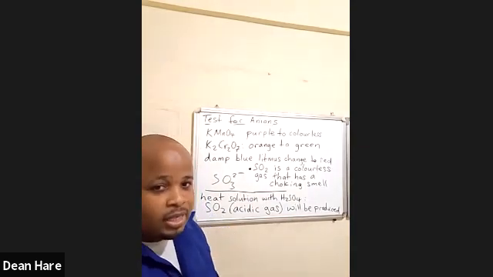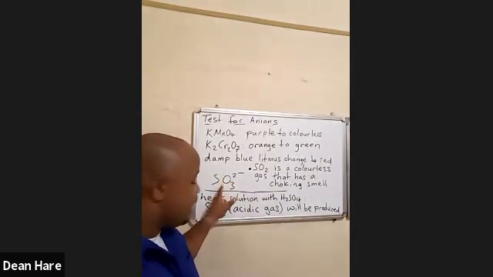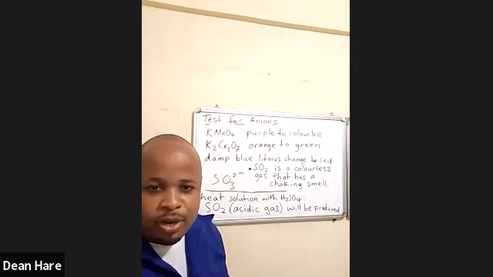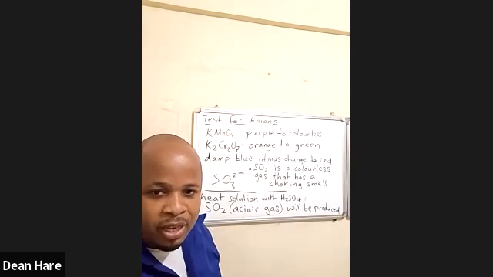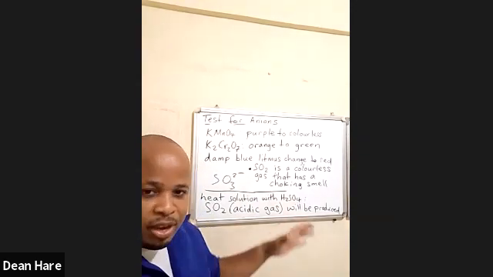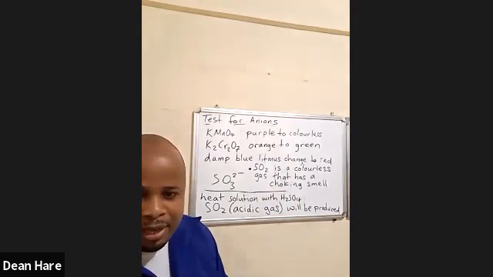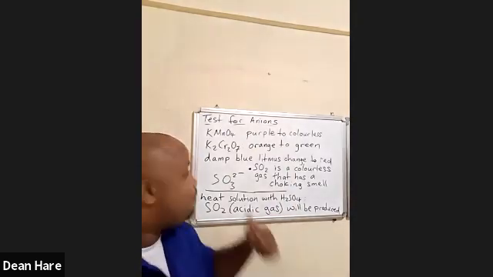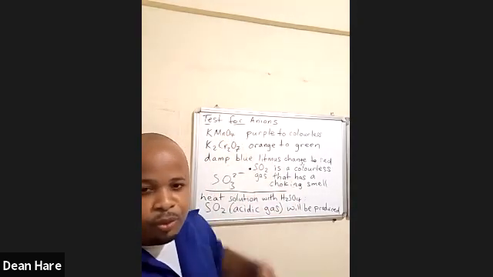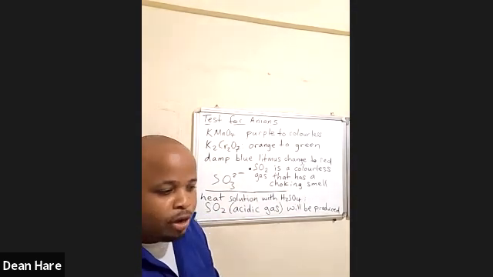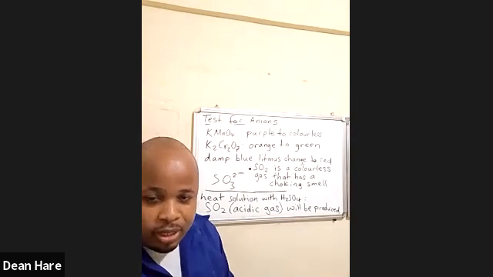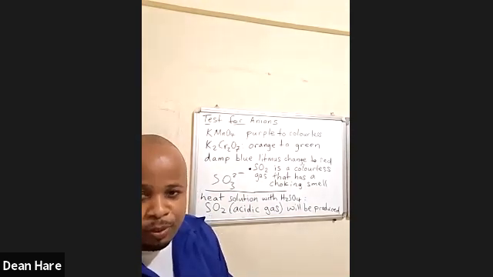Likewise, the sulfite ion cannot produce carbon dioxide. Each negative ion produces a particular gas. For sulfate, we are not getting any gas, because we react it with barium chloride and we get a precipitate of barium sulfate.